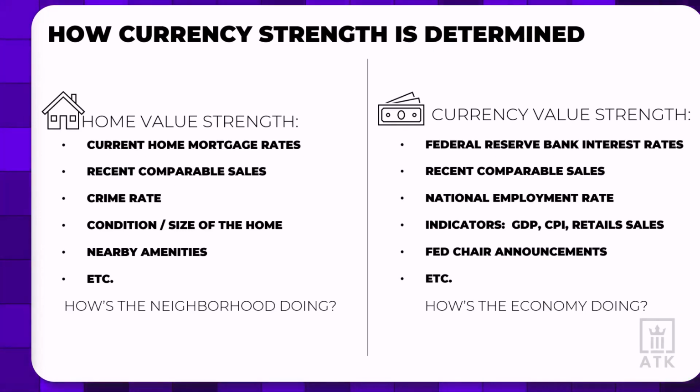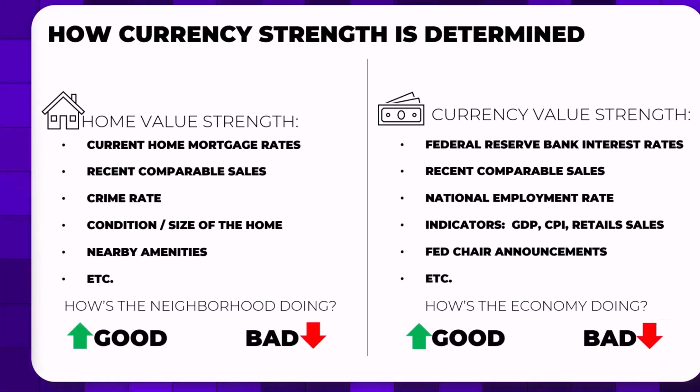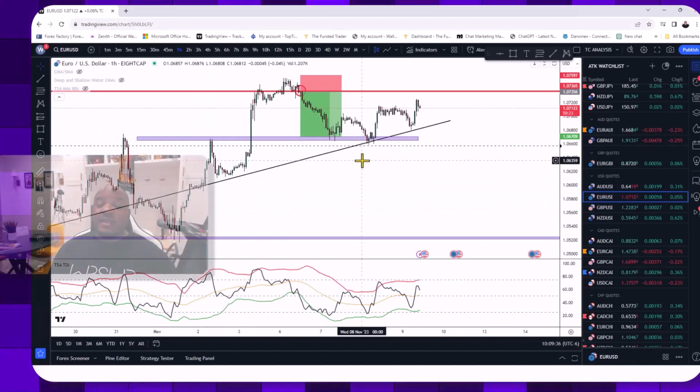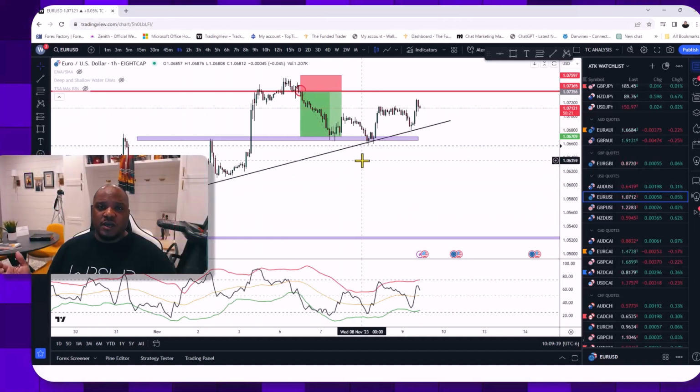It makes that currency weak, and we can see that strength play out in the market. Just like we can determine how well a neighborhood is doing, we can use these indicators to determine how well the economies are doing within different countries. So when we look at technical analysis, we combine that with fundamentals of how the economy is doing.